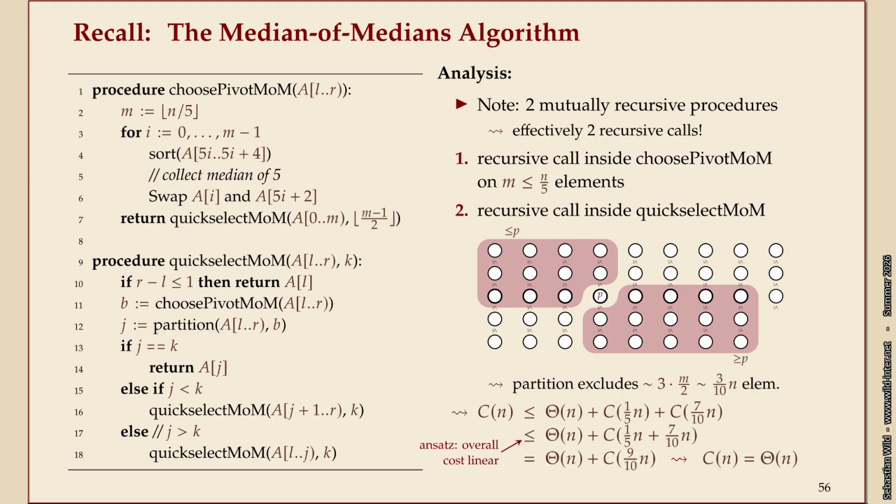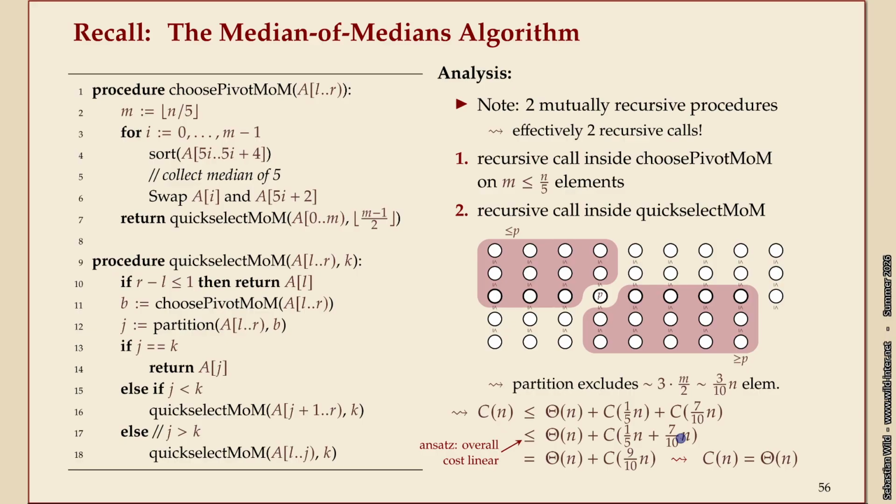And now comes a clever trick that you can also do more rigorously, but to use the lovely German loanword Ansatz, you guess the solution and you verify that that solution satisfies the recurrence. And in particular here, if the overall cost is linear, then these two terms are upper bounded by the cost applied to the sum inside.